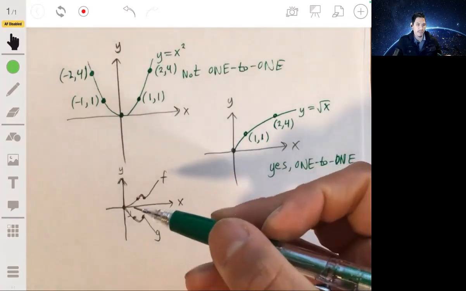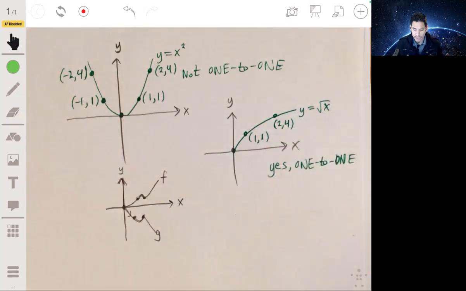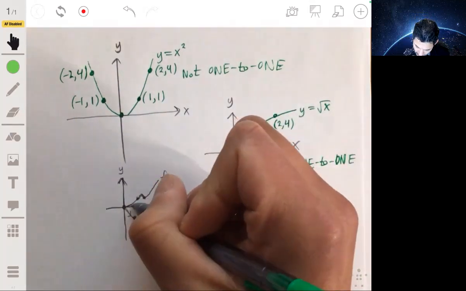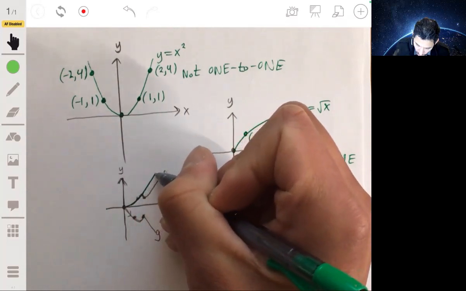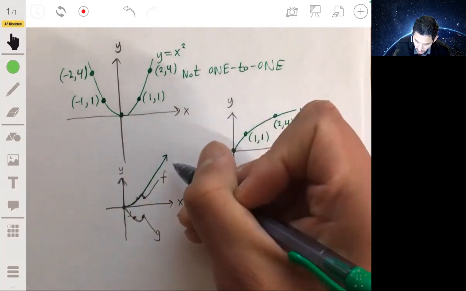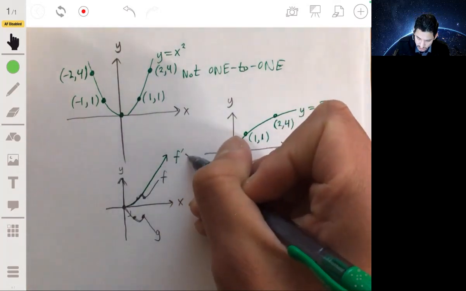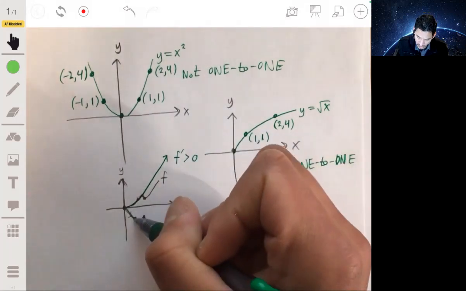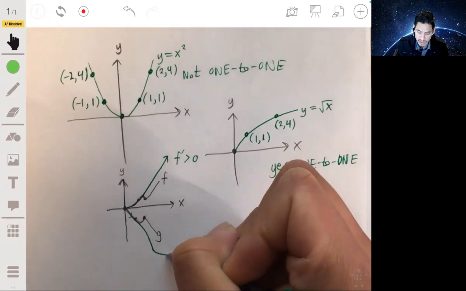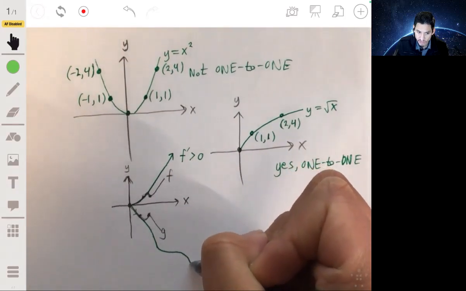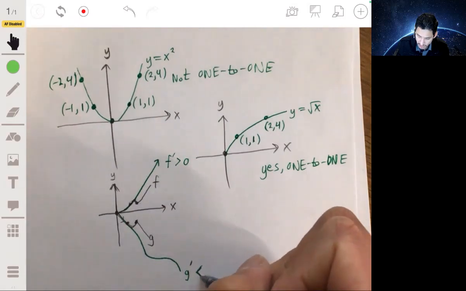So this is not strictly monotonic, and it's not 1-to-1. If you want something to be 1-to-1, once you start going up, you can never go down. You always have to be increasing. Like this one's always increasing, so f prime here is always positive. And this graph is always decreasing. It could be decreasing very slowly or faster, but g prime, the derivative, is always negative.